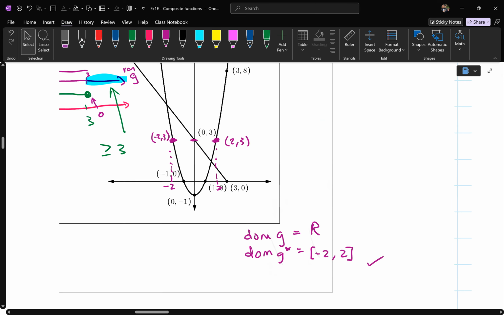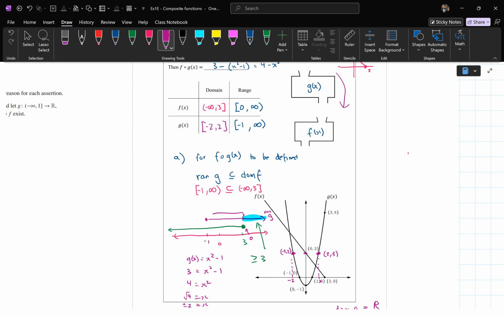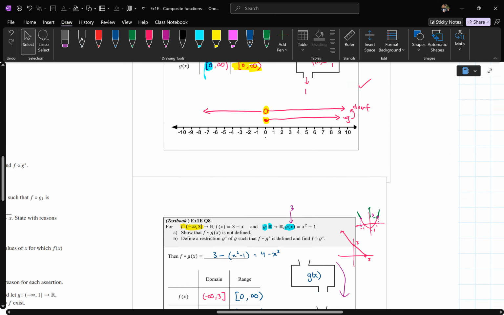So what I'm trying to say there is we fix the domain. This is no longer R. If it was -2 to 2 inclusive, we know no matter which numbers you pick for the domain of g, it will spit out the final answer. Hence, whatever you put in for the domain of g is also the domain for the composite function, and that's condition number 2. Okay, I'll go back to condition number 2. Remember what I said?